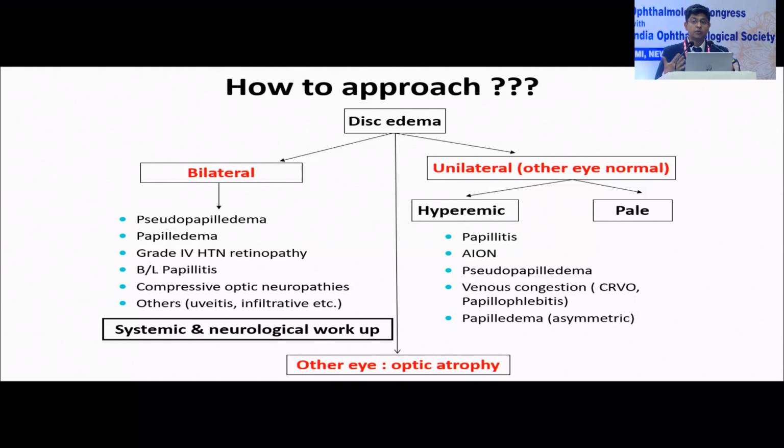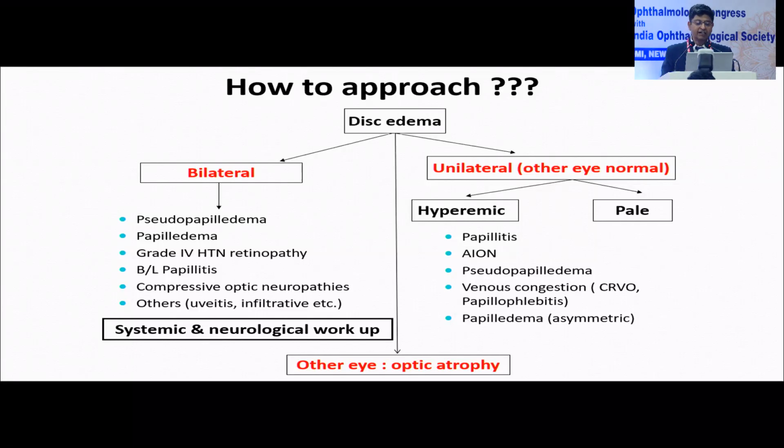In fact, the dictum goes that if there is poor vision in one eye, you need to worry about and more extensively evaluate what you believe is the normal eye. For bilateral, you're looking at pseudopapilledema, papilledema, hypertensive retinopathies, bilateral papillitis, and compressive neuropathies, which more often than not require more systemic and neurological workup.